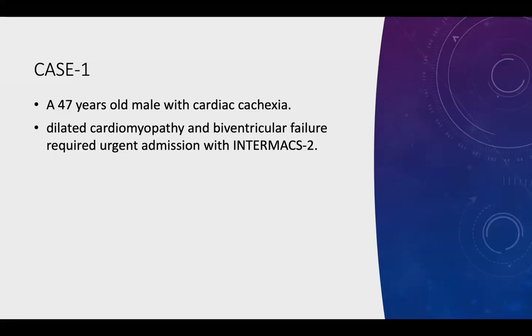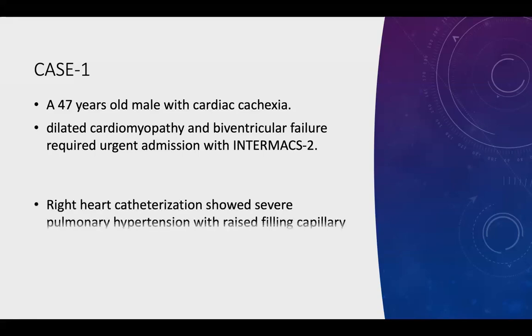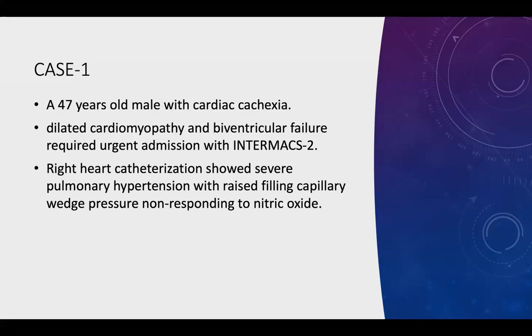He's got biventricular failure with dilated cardiomyopathy, reaching Intermacs 2, becoming dependent on double inotropic support, with declining end organ perfusion. Right heart catheterization showed severe pulmonary hypertension with raised capillary filling pressure and wedge pressure, not responding to nitric oxide. So it's becoming really fixed.